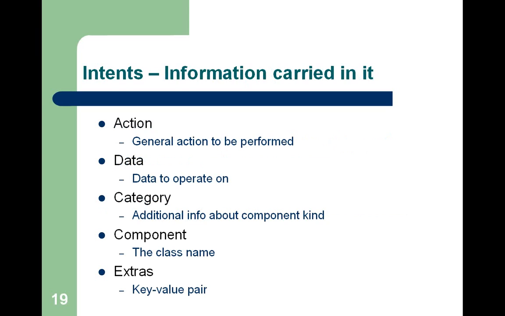When we pass these intents to functions like start activity or start service, what kind of information is carried in it? It carries an action, which tells what general action needs to be performed. For example, if you are trying to make a call, you may give an action call, or if you want to edit a document, you may say action edit.